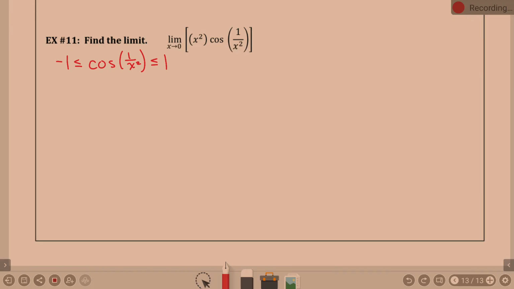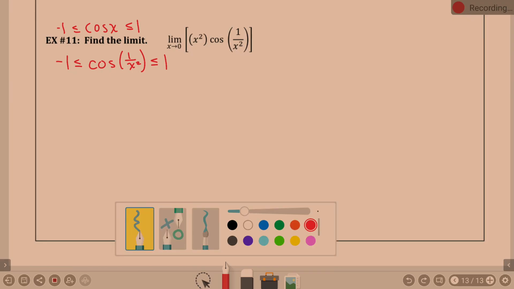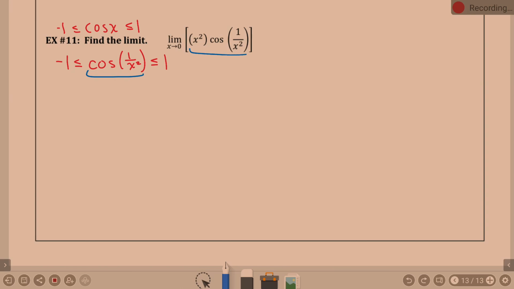But we need this middle piece to match for the squeeze theorem to work. What am I missing? I'm missing the x squared. So we need to multiply through by x squared like we did on the last one.